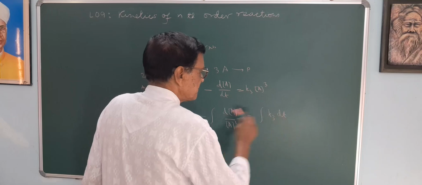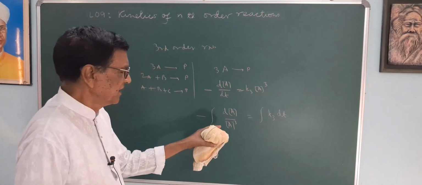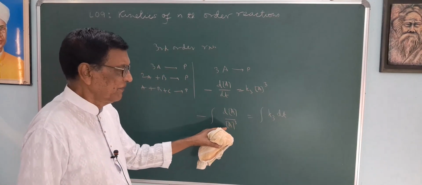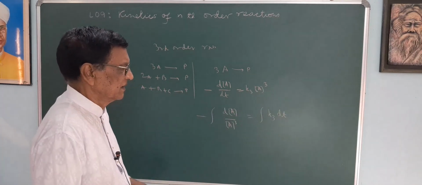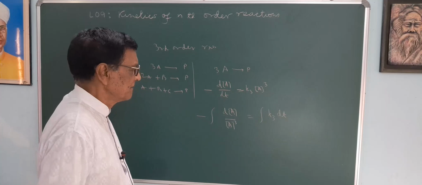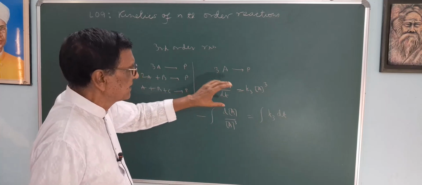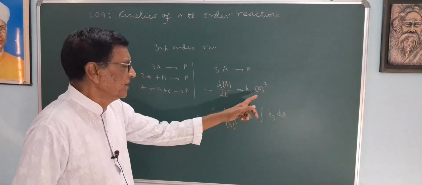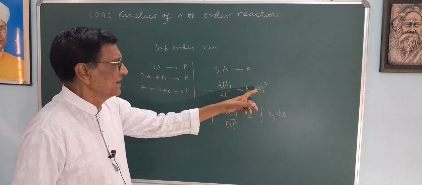It is the separation of variables: the left hand side has the concentration of A variable, and the right hand side has the t variable. This is the rate at time t where the concentration of the reactant is [A].